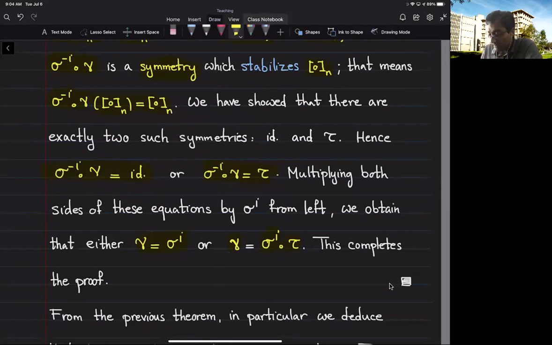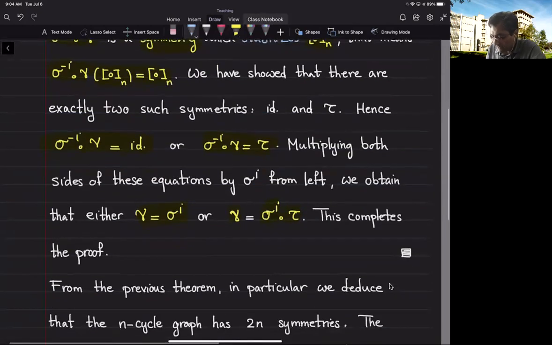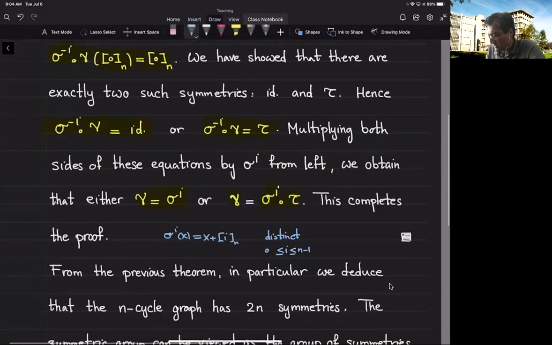Let's also point out that all these elements are distinct. Of course, sigma to the i applied to x is x plus the residue class of i, and all of these are distinct if i is in this range. And when I apply this to tau of x, I end up getting negative x plus i.